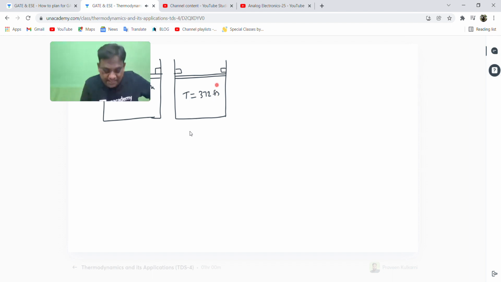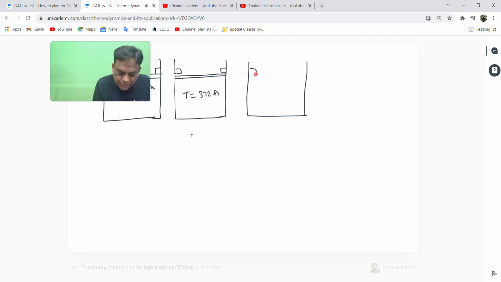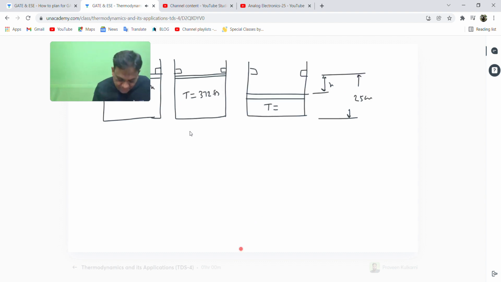Now he is asking what distance it is falling. By what distance does it fall? Initially, how much was this? I think it is 25 centimeter. By what distance does it fall so that the final temperature is atmospheric? What is that temperature? 20 degrees, which means 293 Kelvin.